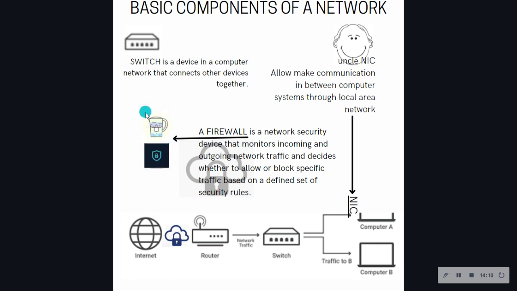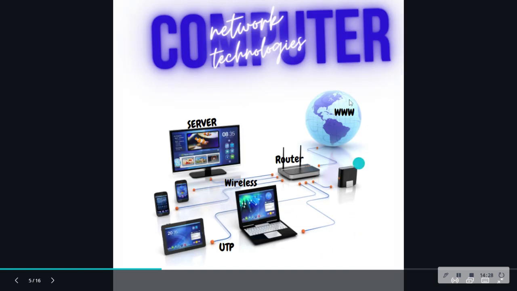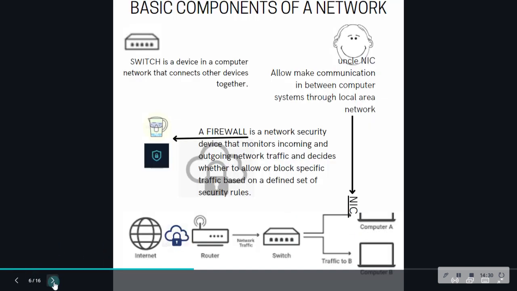Okay, you must use your imagination here with my slides. But this will help you to remember that the two main roles of a firewall are to filter and to secure. In other words, to play an important role in the security of your network. Okay, I'm moving on to the next slide.